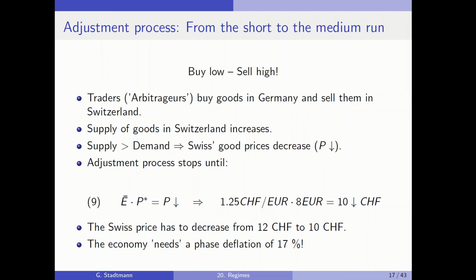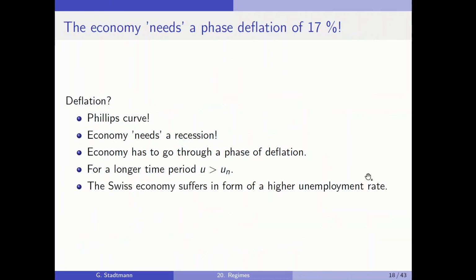So the Swiss price has to decrease from 12 Swiss francs to 10 Swiss francs. Hence, the economy needs a phase of deflation so that the price level decreases by 17%.